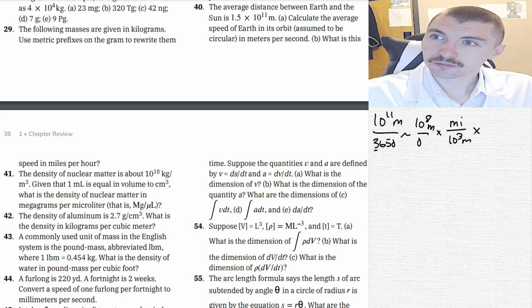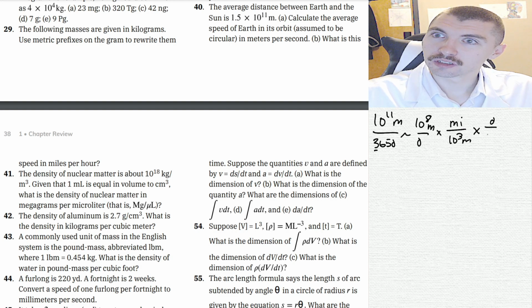Okay. And then we want it in hours. So how many hours are in a day? It's 24. 2 is less than square root of 10.